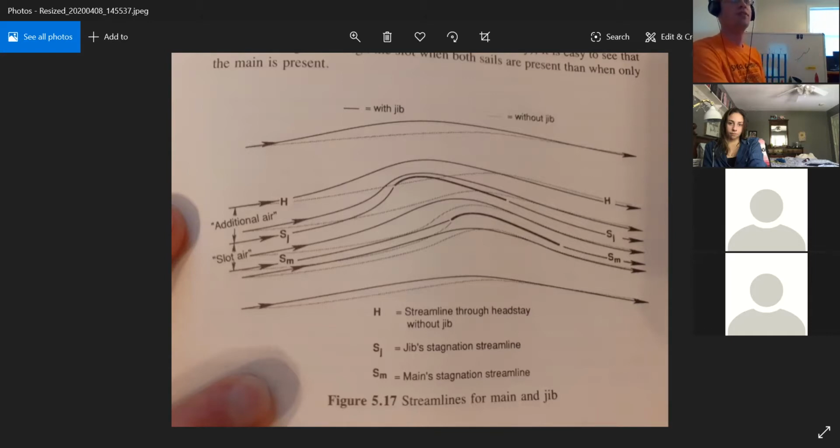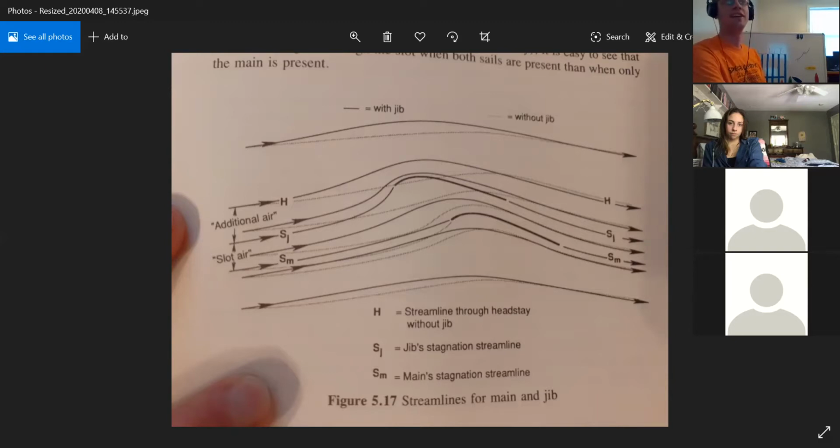When we have the main and the jib working together, the main experiences what we call downwash. If you don't remember that word, that's fine, but it just means that streamline, that continental divide, has shifted forward basically all the way to the front of the mainsail. The practical effect is that the main feels like it's sailing in a header.